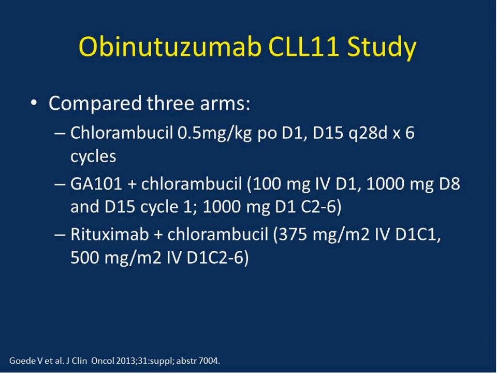You can see the dosing there was 100 milligrams on day 1, 1,000 milligrams on day 8 and day 15, and then just 1,000 milligrams on day 1 for subsequent cycles. Based on tolerability within the study, that dosing was actually changed somewhat, and I'll talk about that in a little bit. And the third arm was rituximab and chlorambucil, with standard CLL dosing of the rituximab.